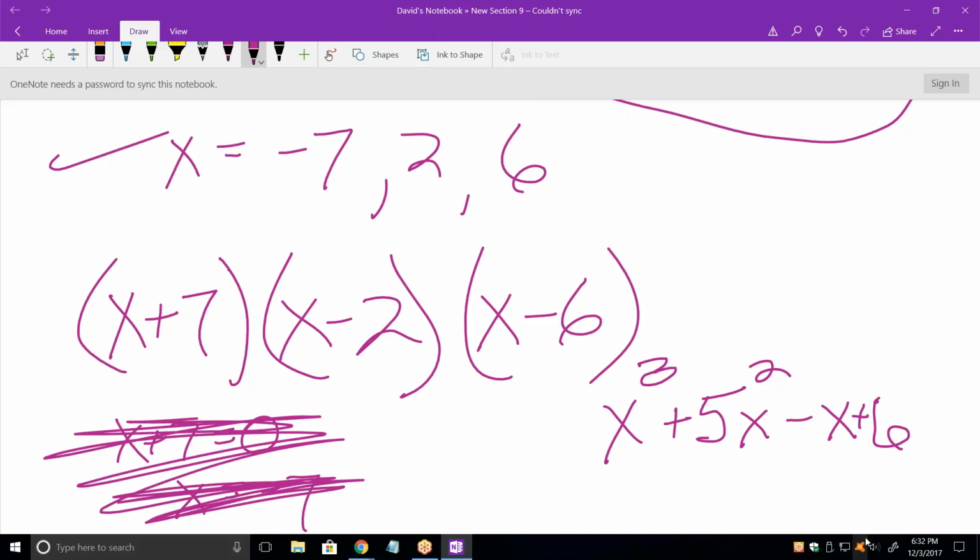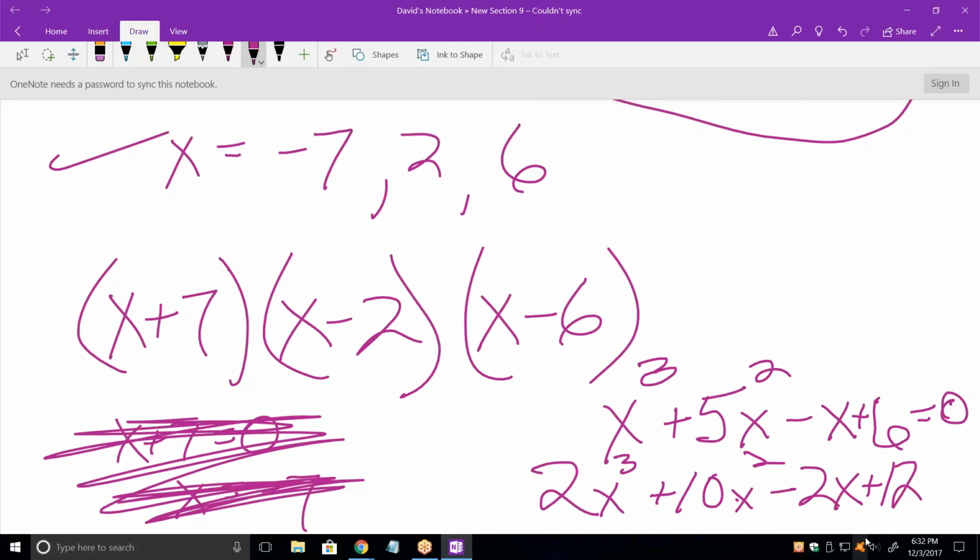Notice that if I express that like that, which is correct, I can multiply both sides by 2. And when I multiply both sides by 2, I get this. And when I multiply 0 by 2, it stays 0.